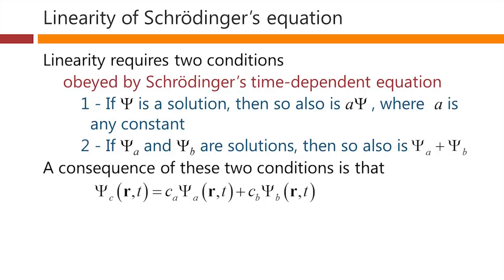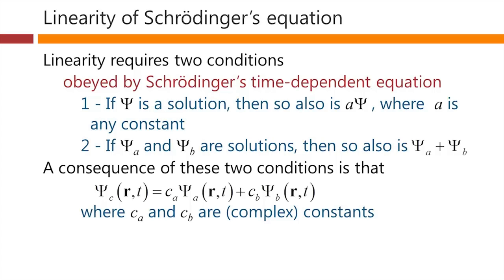A consequence of these two conditions taken together is that a wave function that is the sum of Ca times one solution plus Cb times the other solution, where Ca and Cb can be complex, is also a solution. So that's a simple consequence of these two conditions.